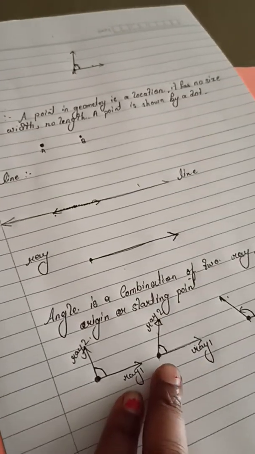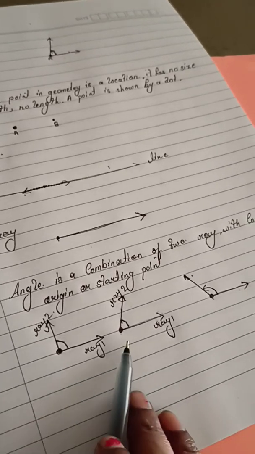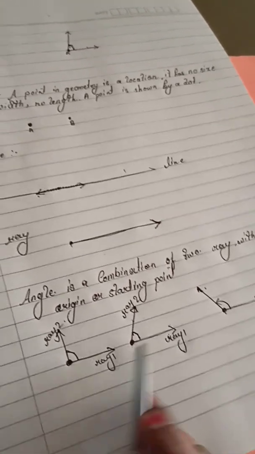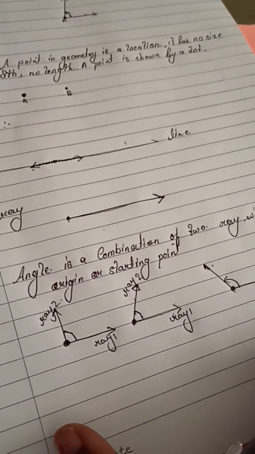When two rays start with a common point, they form an angle.